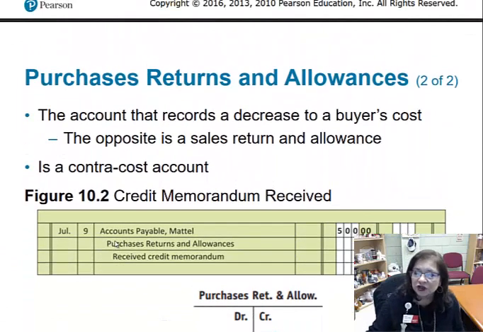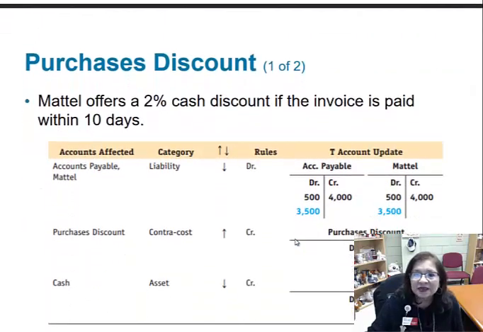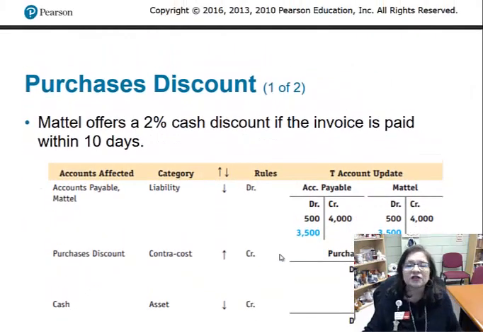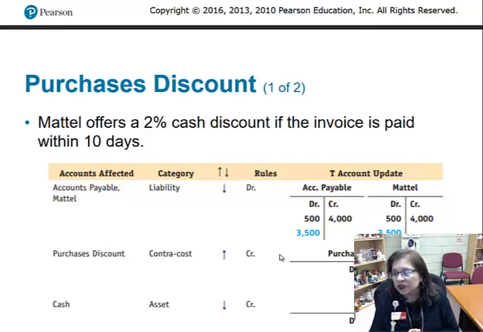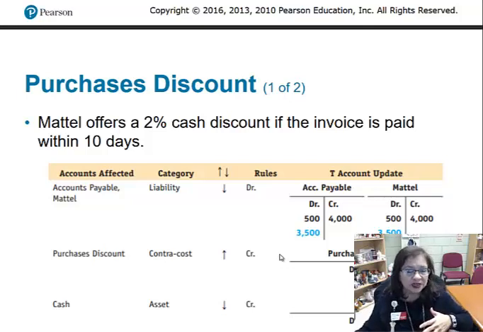So we have returns and allowances, so this is what we did. We again debit the accounts payable and credit purchases returns and allowances. When there is a purchase discount, just like if there's a sales discount, if we purchase something, and now we're on the opposite side, we're purchasing the items, and if we pay in 10 days, they're giving us a 2% cash discount.